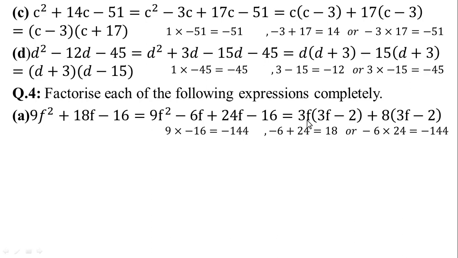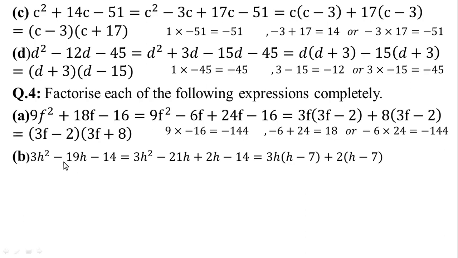So answer is 3f into 3f minus 2. Last two digits are divisible by 8. So taking the common 8, then remaining answer is 3f minus 2. Here 3f minus 2 and 3f minus 2 are common in both terms. Then answer is 3f minus 2 into 3f plus 8.